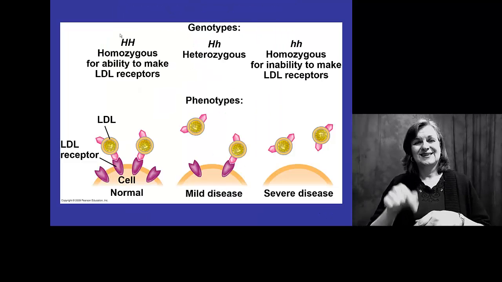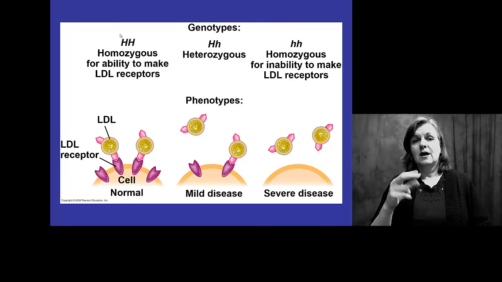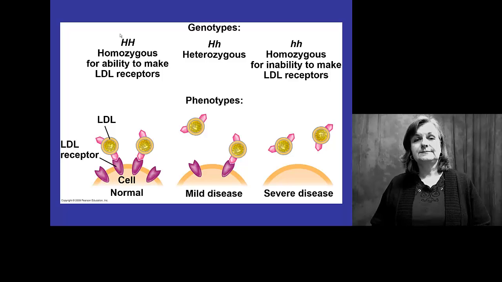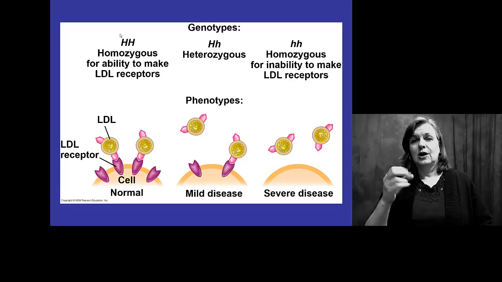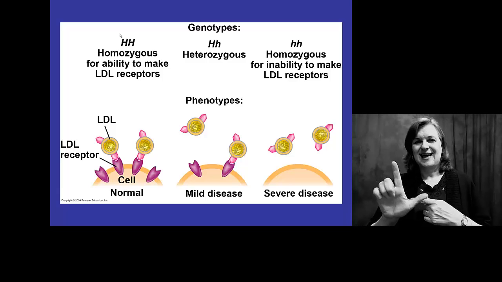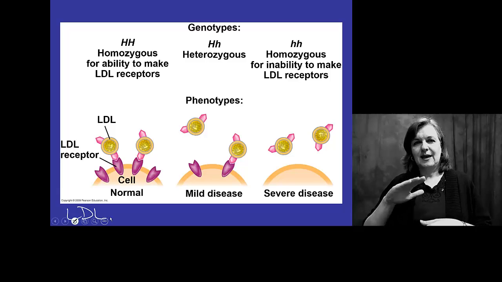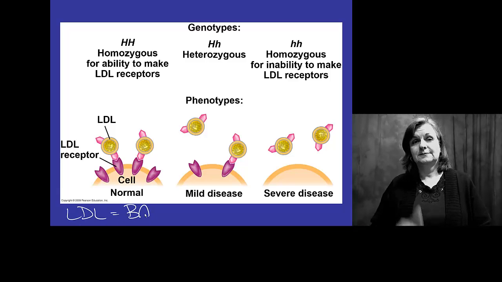We see this in disease as well. This disease is actually associated with your production of cholesterol. Okay? So when we look at this production, what we are concerned about is having high cholesterol levels. LDL is bad cholesterol.